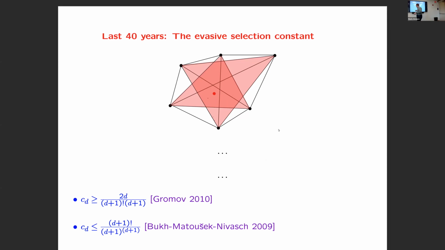A major breakthrough of Gromov shows a lower bound on this constant, how much you would pierce. On the other hand, you have an upper bound: for some point sets, you cannot pierce more than this fraction.